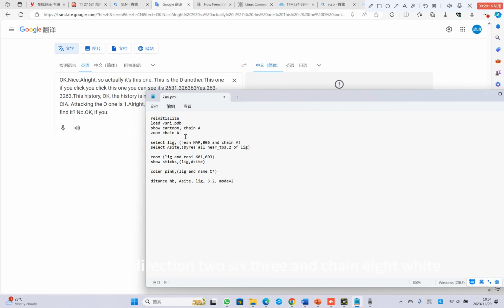You color the Resi 263 and chain A white. Then when you see white, you know already that is the one.